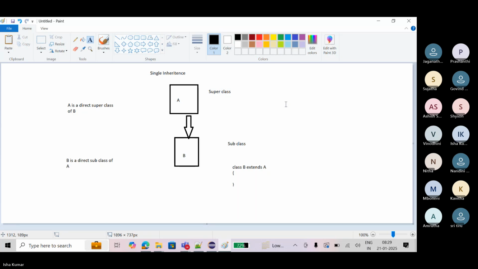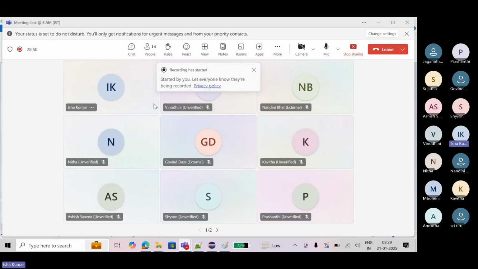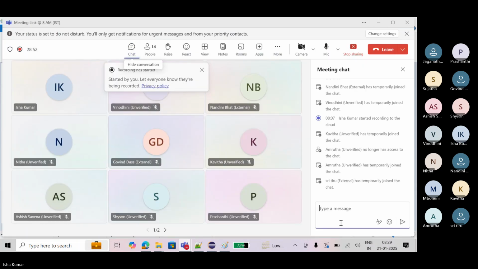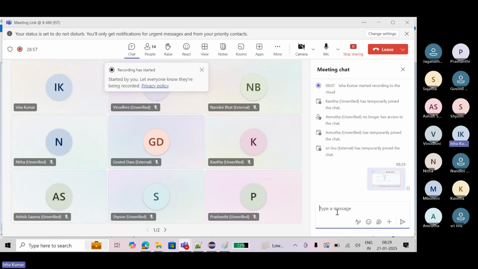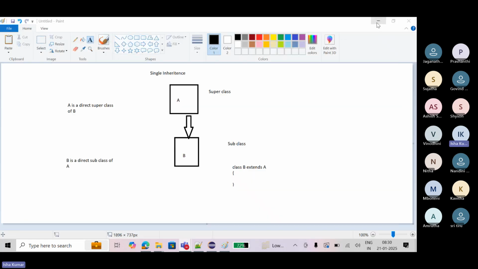Now let me put this diagram in the chat. You can copy and save it. I will send you 5 diagrams. You can save them from the chat.